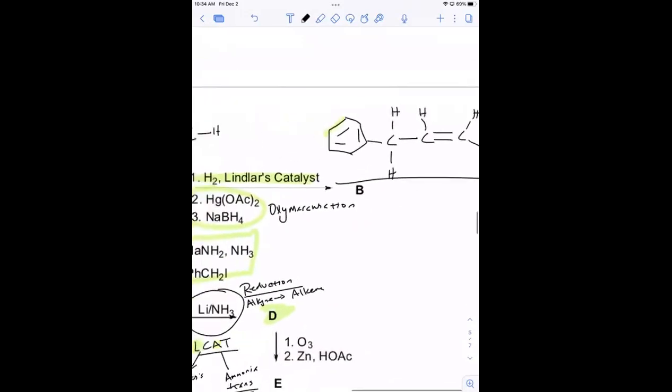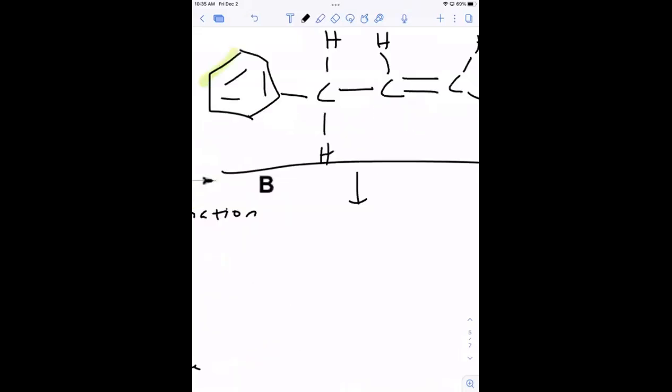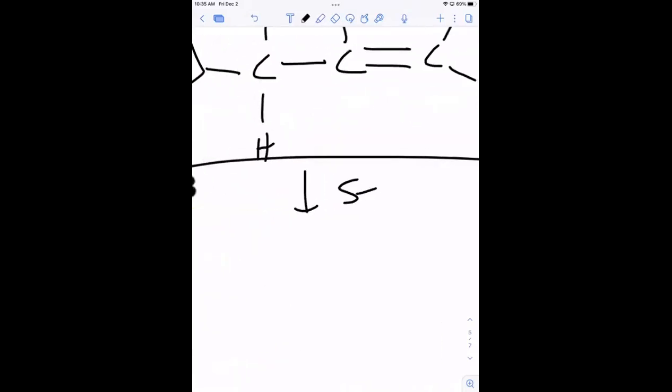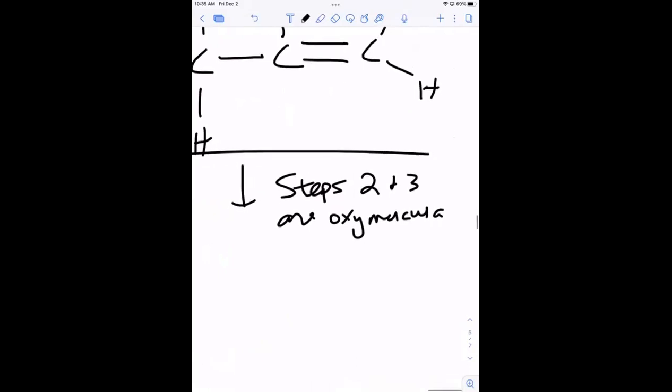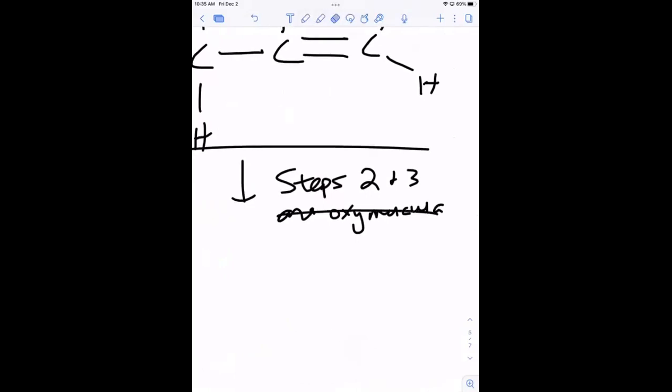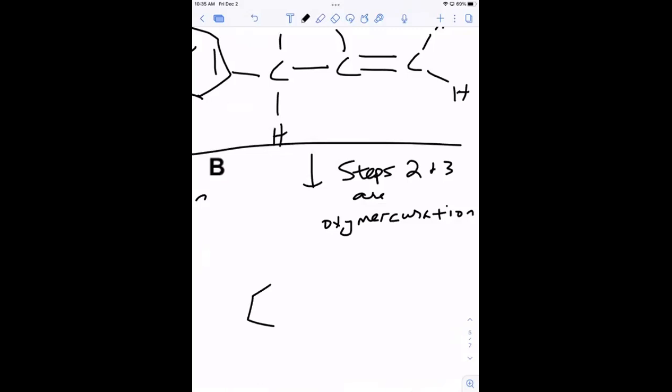Markovnikov. So when I take this double bond, which is the product of step 1, and I do oxymercuration, which is steps 2 and 3, I'm going to get an alcohol.